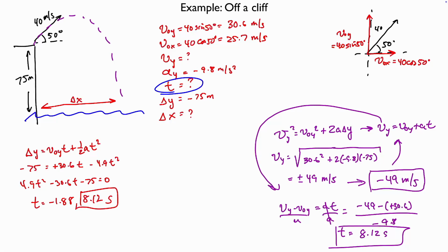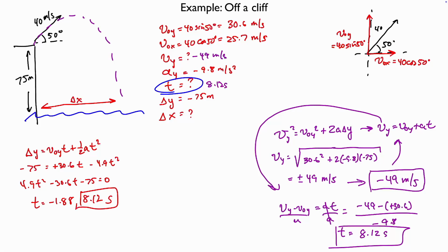My time appears to be correct, right? It appears that I checked my time, which means everything seems to have worked out. I probably set the problem up correctly, so on and so forth. It's my check. As a bonus, I've also gotten the final y velocity, right? So I can write some of this stuff in here, like this is negative 49 meters per second. My time of flight was 8.12 seconds, right?